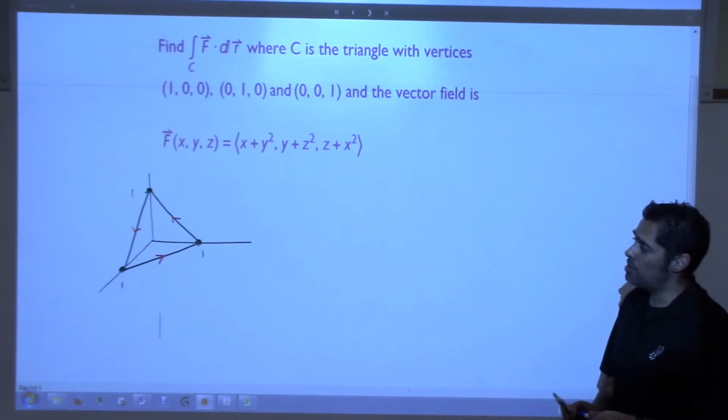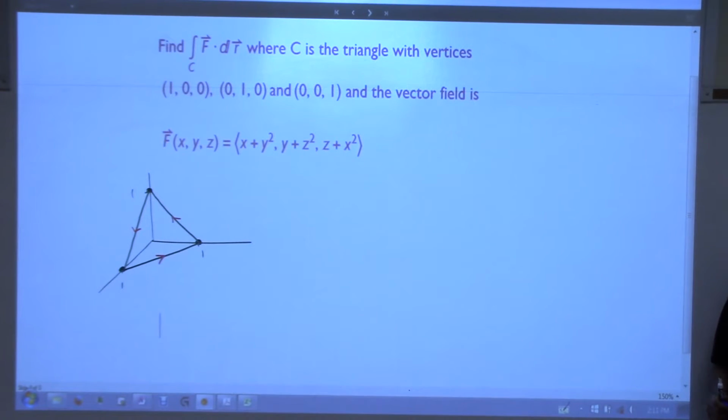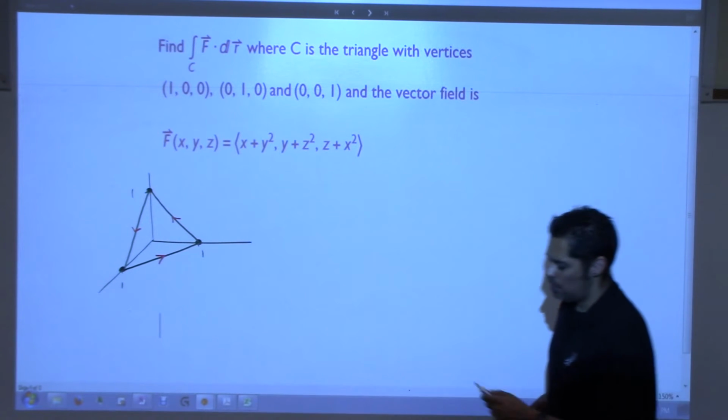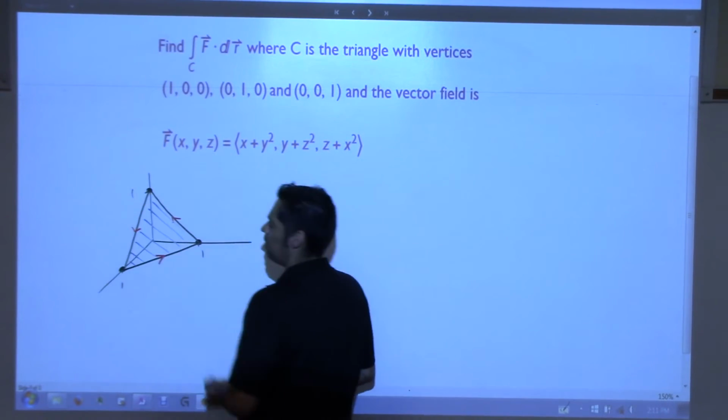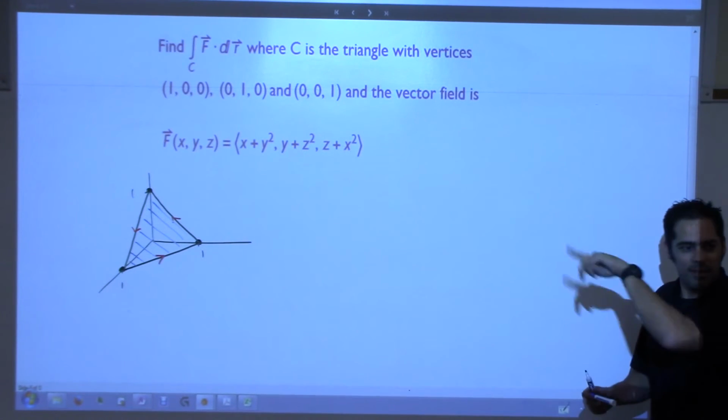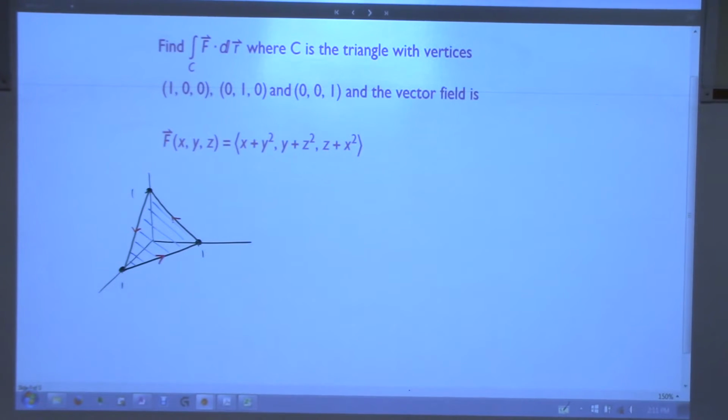If I'm going to use Stokes', I need to see if there's a surface that C is the boundary of. Well, I think just that triangle, that surface connecting the 3 points, that plane.